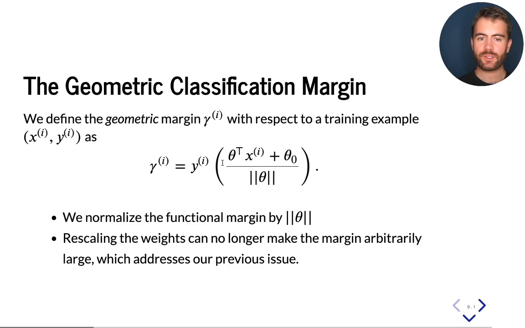And it uses the same formula that I had before, except that I have rescaled, I have normalized the score by the norm of theta. So recall that theta is a vector of parameters, it has a norm. I can just normalize it by this norm. And now I claim that this will have the good behavior that we were seeking for gamma, and also that the good behavior that gamma tilde had, but it will resolve this scaling issue that we had earlier.